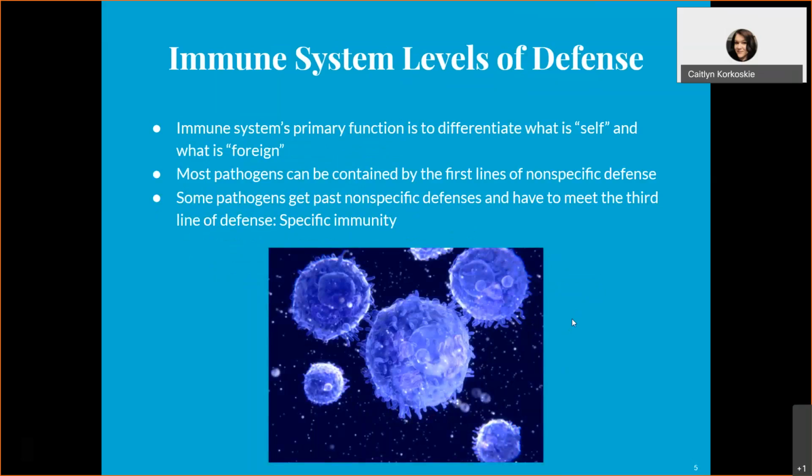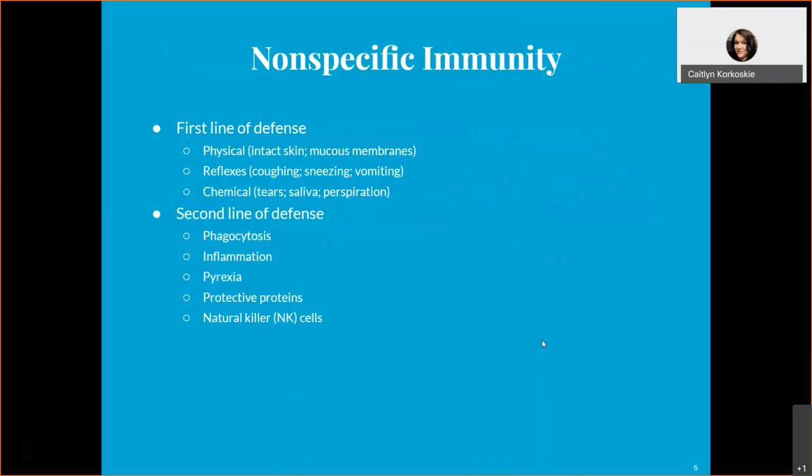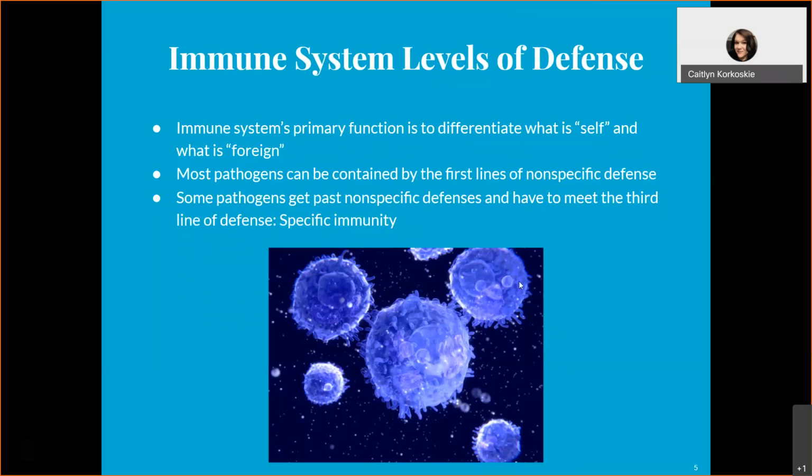So the immune system's primary function, of course, is to differentiate between what is self and what is foreign. Any foreign bodies, it is going to try to fight off, which we'll get into with autoimmune diseases as well. Most pathogens can be contained by the first line of non-specific defense, and some pathogens get past non-specific defense and have to meet the third line of defense, which is specific immunity.